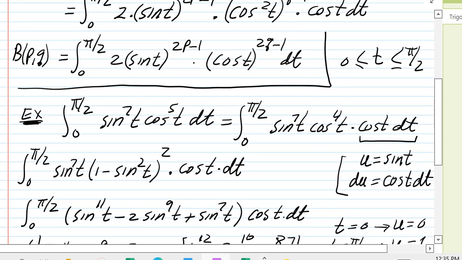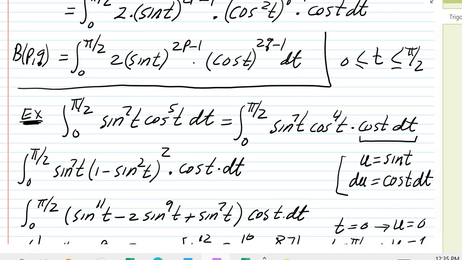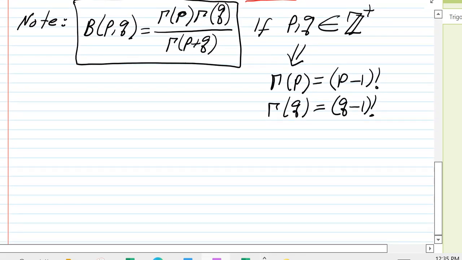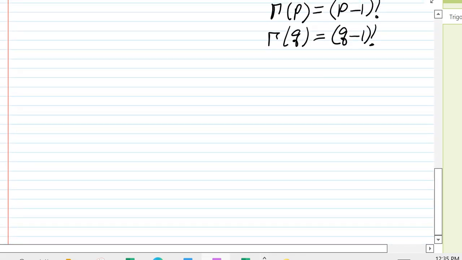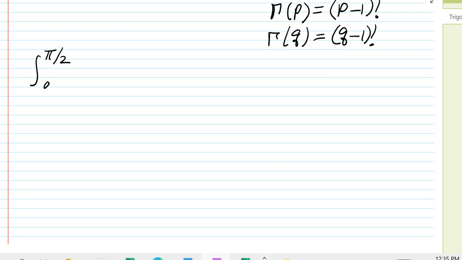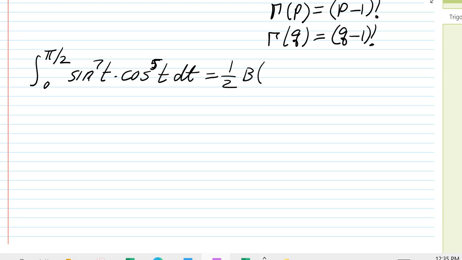There's no 2 in front of the integrand. So that means what I have is half of my beta. Therefore, I'm going to write the integral from 0 to pi over 2 of sine to the 7th of t cosine to the 5th power of t dt as 1/2 of beta.